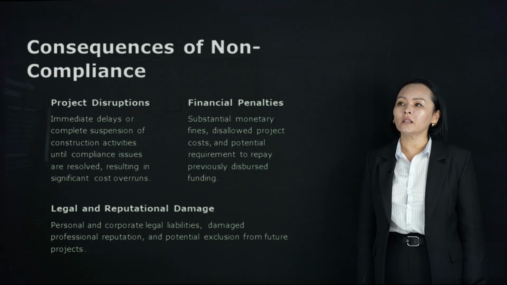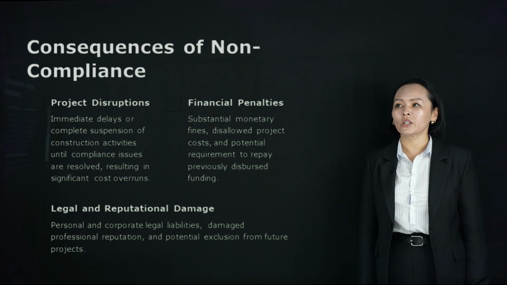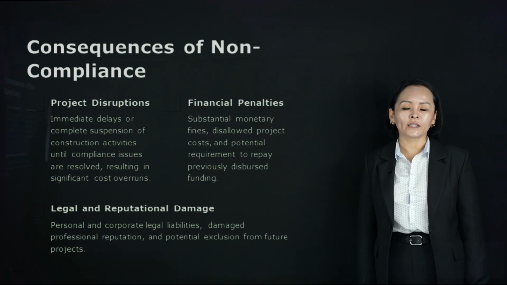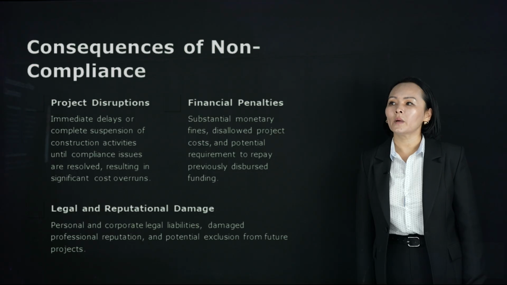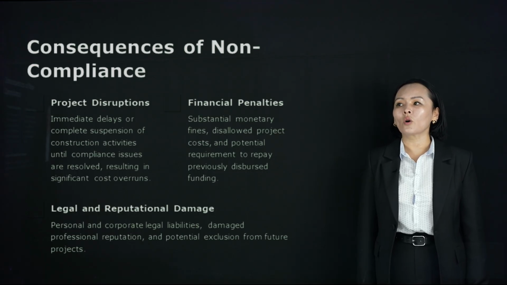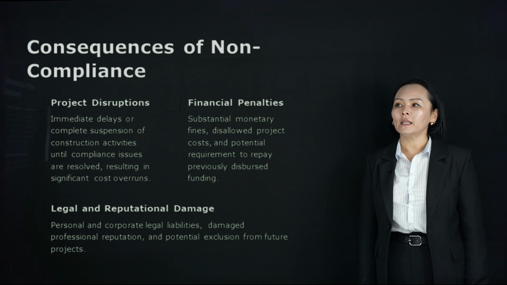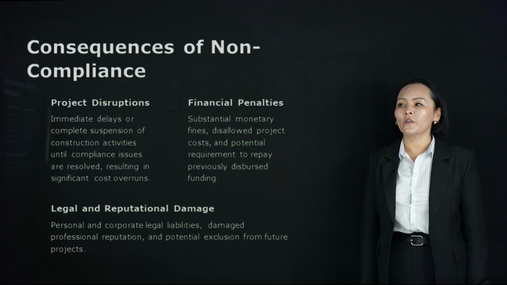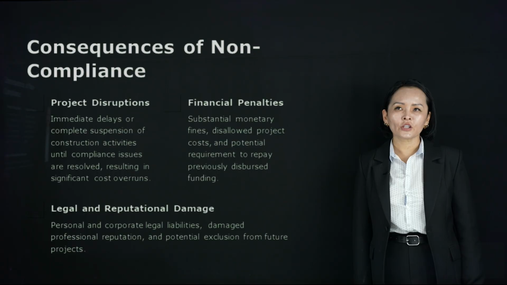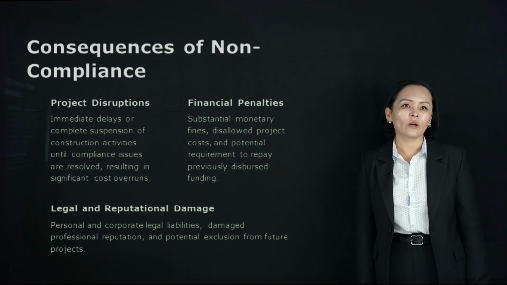And the financial penalties: substantial monetary fines, increased project costs, and the potential requirement to repay previously disbursed funding. And about legal and reputational damage, you can see personal and corporate legal liabilities, damaged professional reputation, and potential exclusion from future projects.